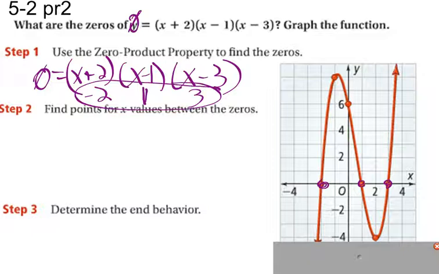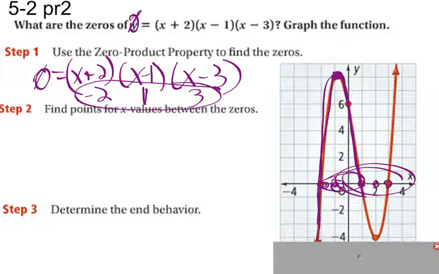Now you would pick x points between these dots. So somewhere in between here, you're going to pick a point. Let's look at what negative 1 does and see if it's positive or if it's negative. If it's positive, we know this is going to be going upwards. If it's negative, it would be going the other way. So when you plug in a negative 1, you find it is positive. It comes out to 8. So when you plug in a negative 1, you get a positive 8. So we know this is going to go up, down, and now you have to pick a point between these two.